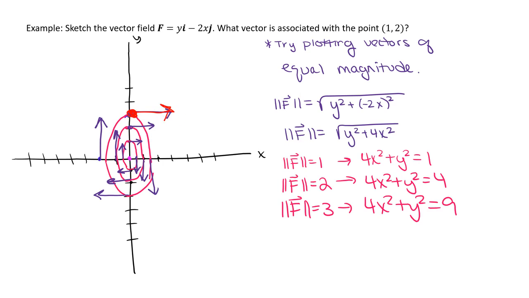And then I just went ahead and plotted some more. And I can see that same kind of rotational motion. Magnitudes are getting larger as we go out. So that's another way of visualizing that vector field. Again, I didn't show all my work here because I had computed these vectors in the previous slides. But to figure out exactly which way these vectors were pointing, I was just plugging points into that vector field equation.